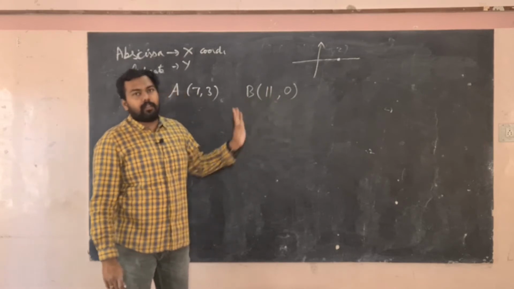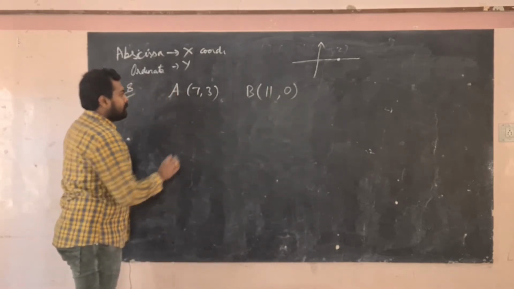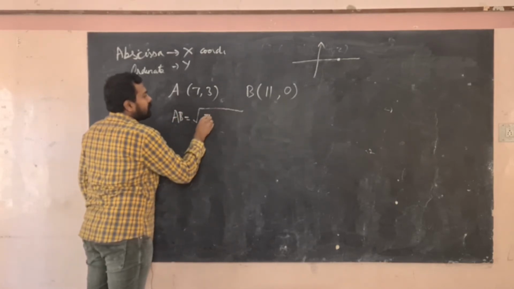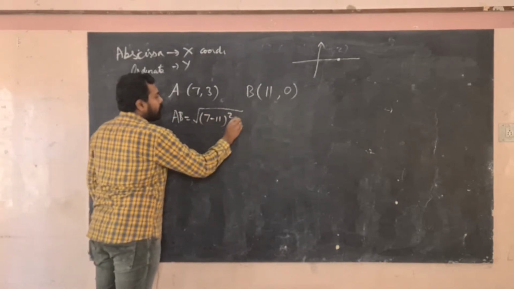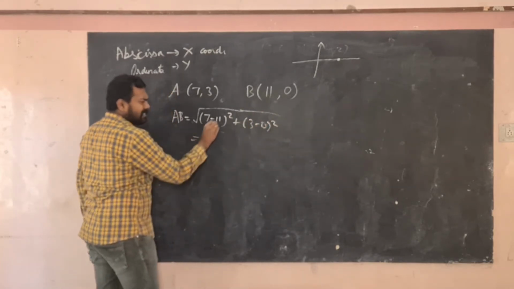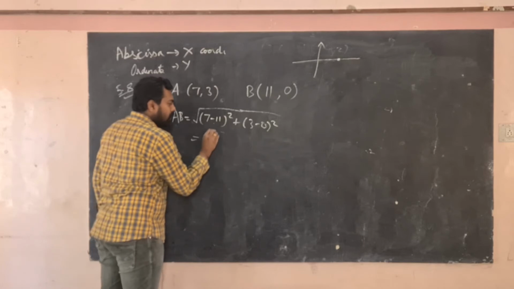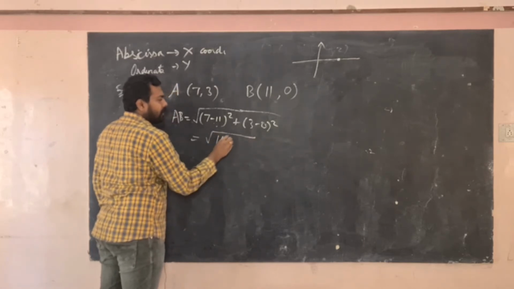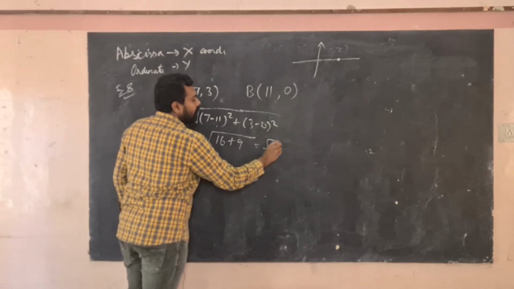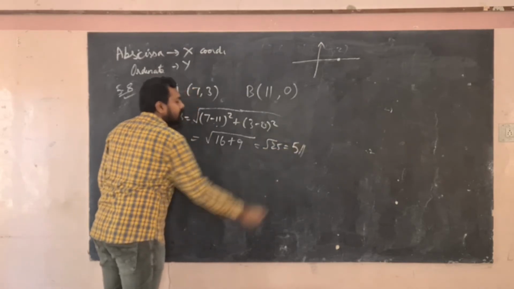They said abscissa is 11. So from this we can find the distance. So distance AB is equal to square root of 7 minus 11 the whole square plus 3 minus 0 the whole square. What is 7 minus 11? It is minus 4. So minus 4 square is 16 plus 3 square is 9 is equal to 25, which is 5. So the distance is 5.